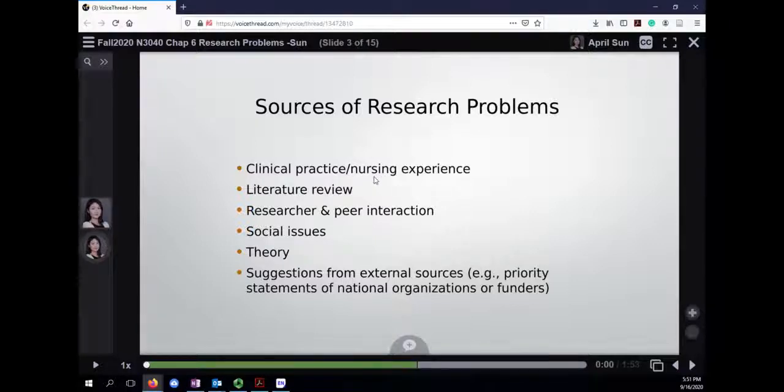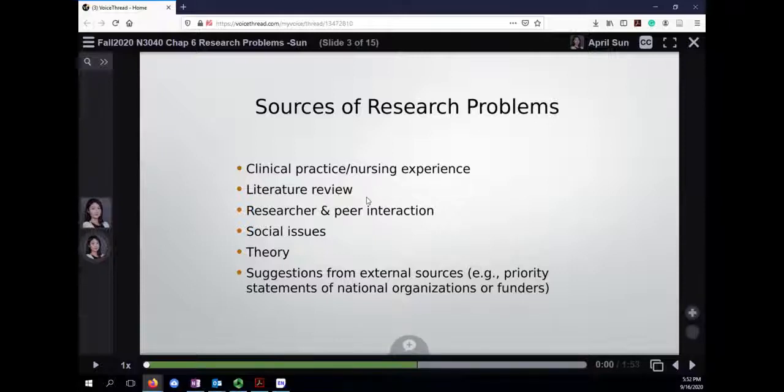And so that probably makes them start to search for articles and evidence, to see how other researchers and nurses make decisions when they have patients that may need a catheter placement.